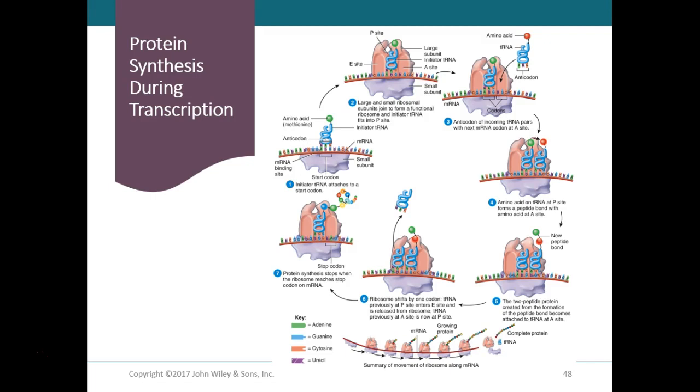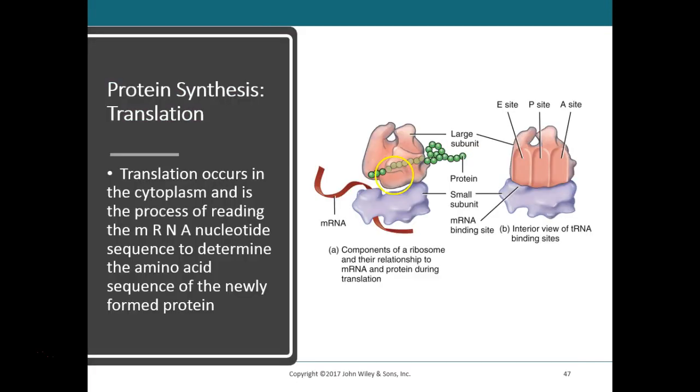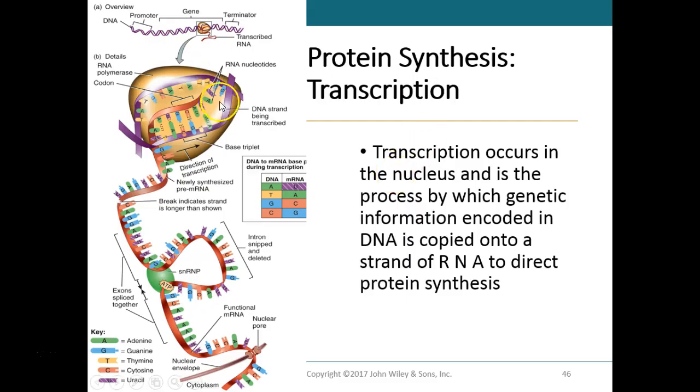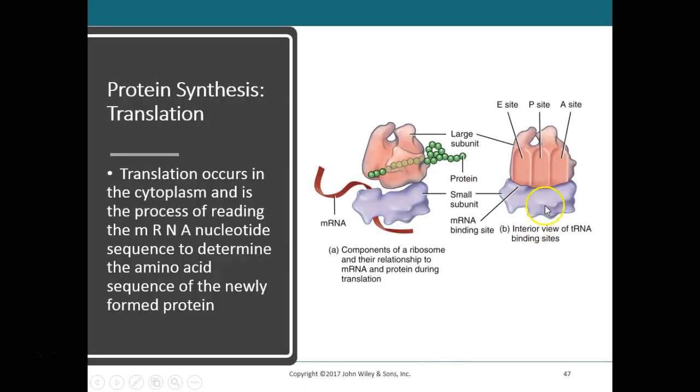RNA is formed in the nucleus when more nucleotides come in and complementary base pair to this gene and its nucleotides. So we build that messenger RNA, we snip out any of it that we don't need, and then we send the fixed version, the best version, out of the nucleus into the cytoplasm.